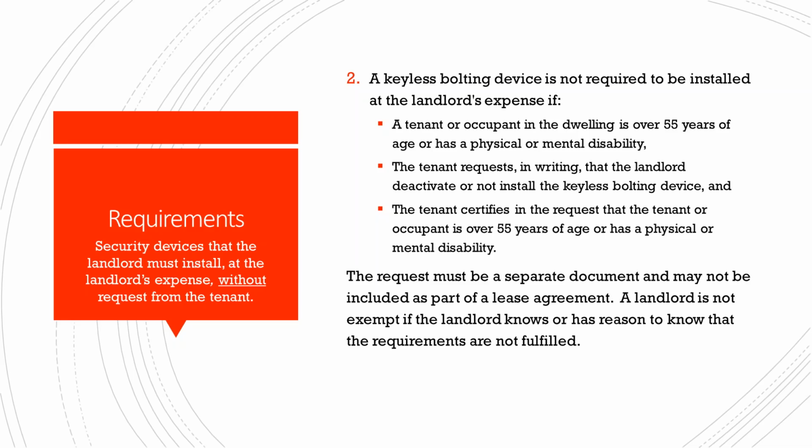That request has to be a separate document; it can't be part of the lease. And a landlord is not actually going to be exempt if the landlord knows or has reason to know that these requirements are not fulfilled. So again, another pretty narrow exception.